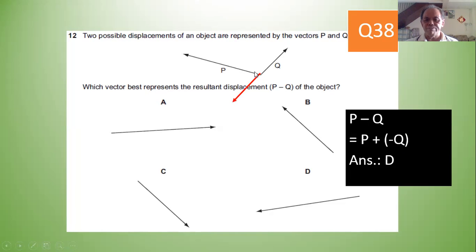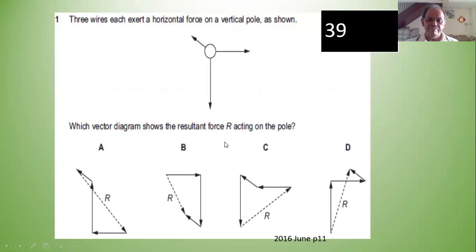This one is plus Q, this is minus Q. Complete your parallelogram, and there's the resultant, P minus Q. So the answer is D.